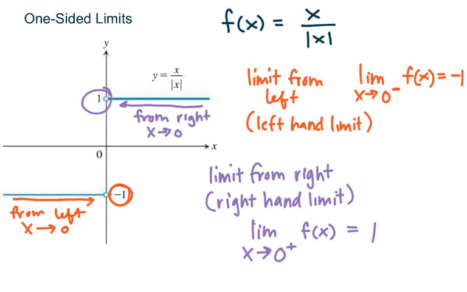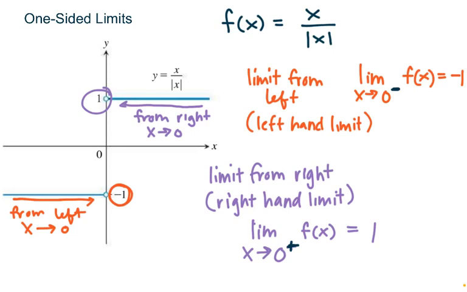So the main thing we want to note is this new notation. We have this superscript minus and a superscript plus. Minus means from the left, and plus means from the right. So we have different right and left-hand limits at the origin.